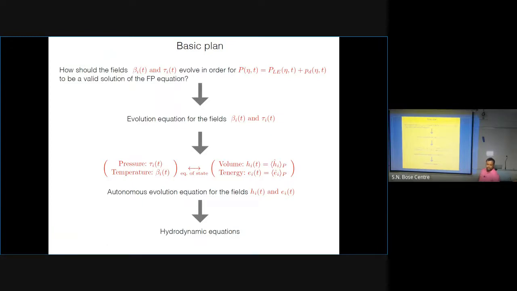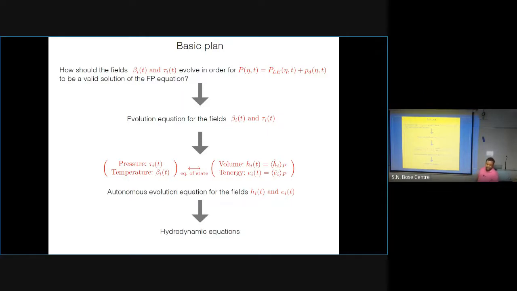I mean, whether it's a perturbation, whether it's that small. Yeah, but who said that I can write the solution in this form? It may not be that you can even write it. The local equilibrium may not exist. That is the point. Yeah, it may not. So you are saying that the assumption of local equilibrium is there.